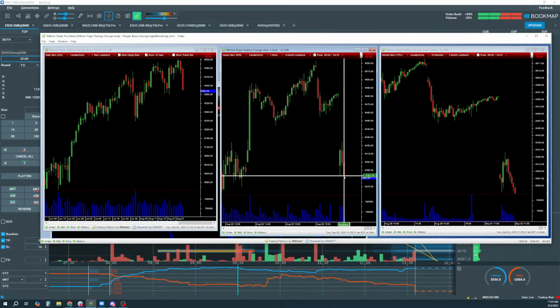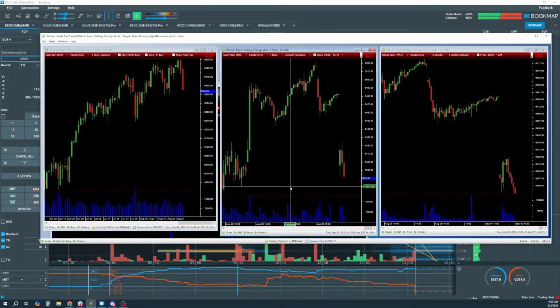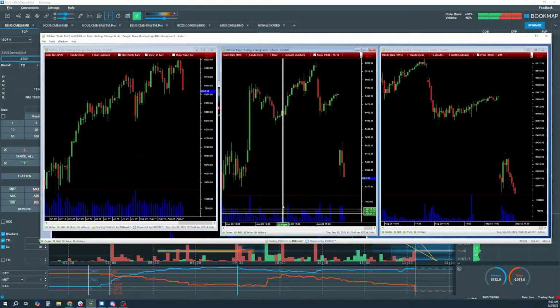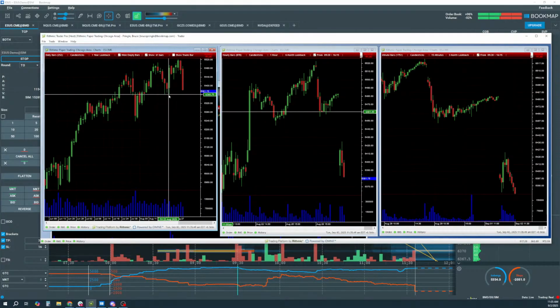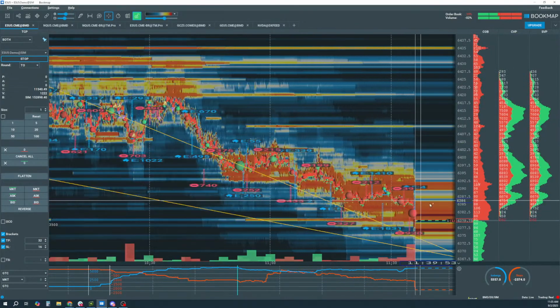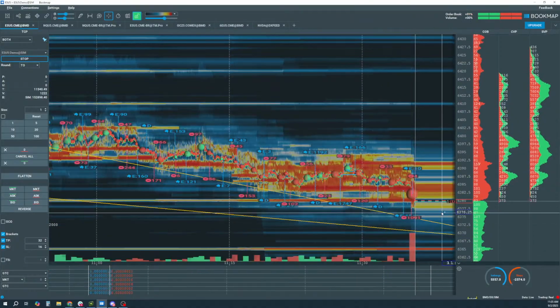Based off of what we're looking at right here, I'd look for the move lower into 70 and 60 or 70 down here. Some of the swings down here, right? And a continuation move here basically.